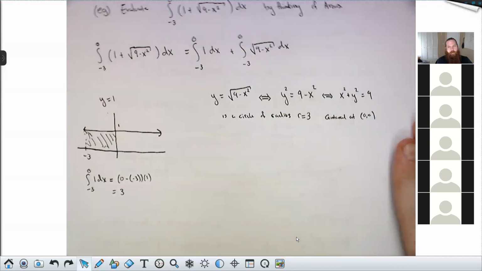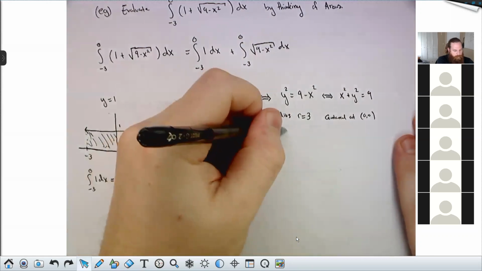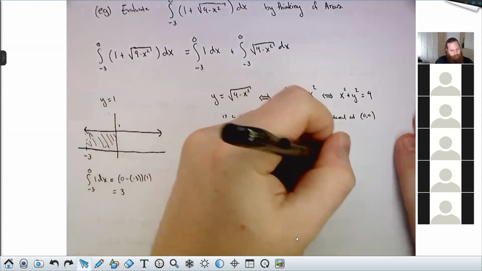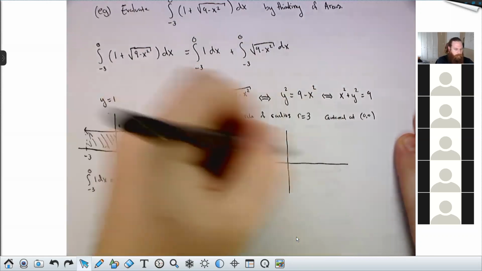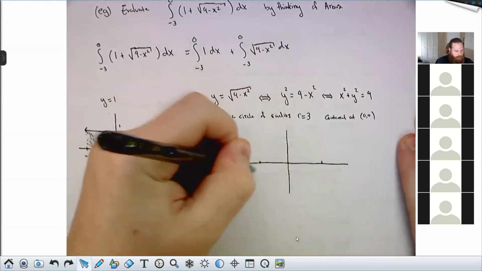The radius is 3 and the center is at 0, 0. Perfect. So if you guys don't remember what equations of circles look like, now's a good time to jog your memory. This is not only going to be important in this section, but it's also something that we do a lot with in Calc 2 when we get to section 7.3 of the textbook. So if I want to draw this graph, that is a circle centered at 0, 0 of radius 3.